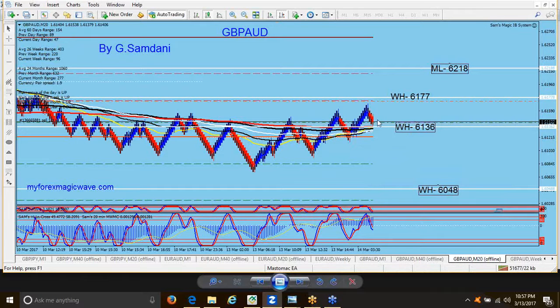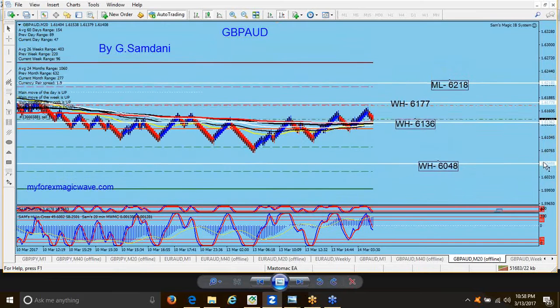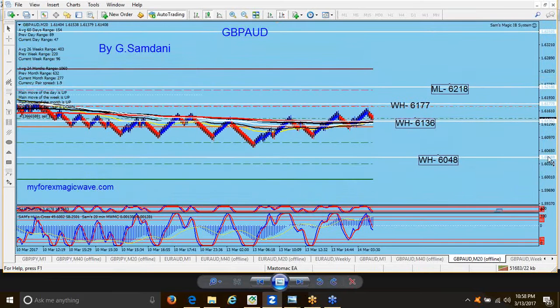So I have almost like 120, 130 pip short. So what would be my target? Would be this 60.48, 61.36, maybe right around here, 61.40, 60.40, or 50. So 90 pip, 100 pip, right?